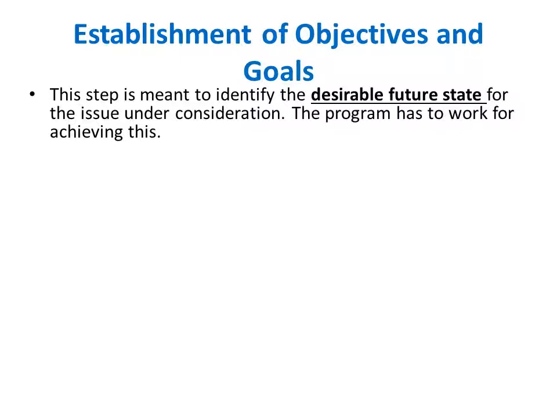This is the desire, but the desire has to be quantified to become an objective. He decides that given the circumstances, I would like to have a society where the poverty level is at the most 5%. So 5% poverty level is the objective that he would strive to achieve.